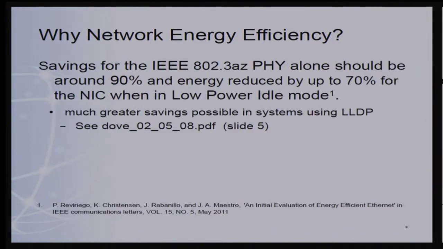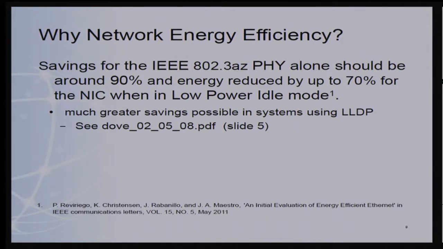Now, getting into Ethernet, you might wonder, so how much can I save from a network interface? Depending on how you slice the network interface, if you look at just the physical layer portion of it, that part could be reduced by 90%.